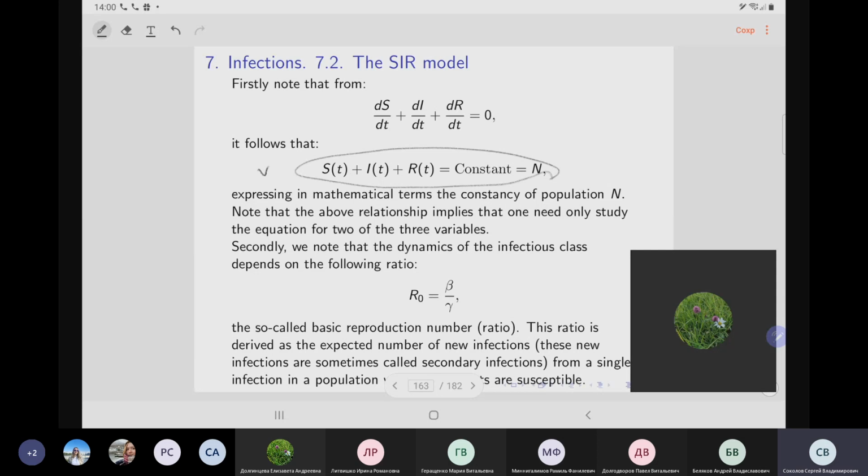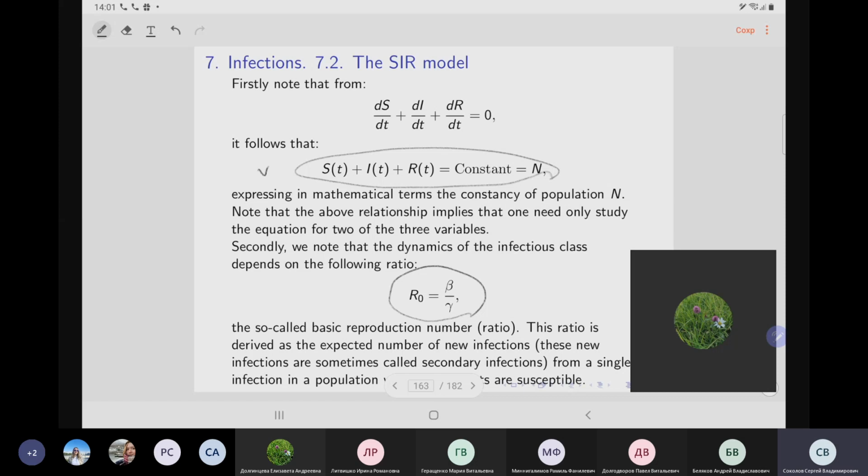Another important thing, we introduce the ratio R0, and we call it the basic reproduction ratio. It is the number of new infected from a single infected one.